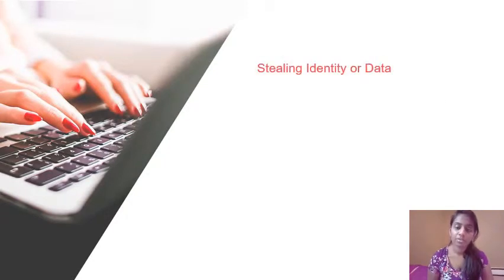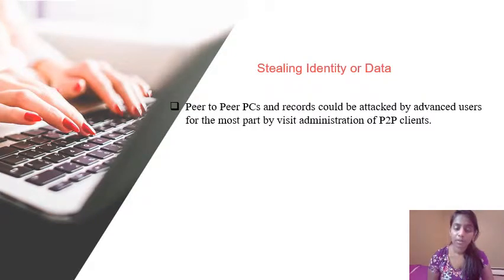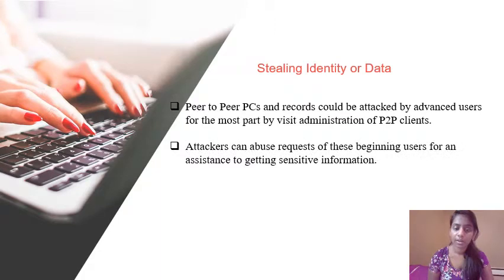The next one is stealing identity or data. Peer-to-peer PCs and records could be attacked by advanced users, for the most part by visiting administration of peer-to-peer claims. Attackers can abuse requests of these beginning users for an assistance to get sensitive information.